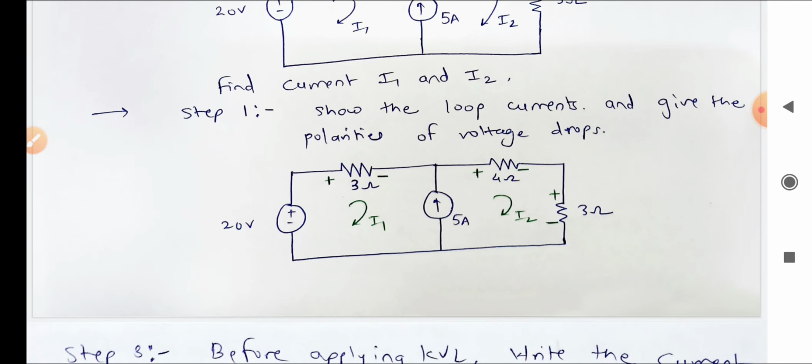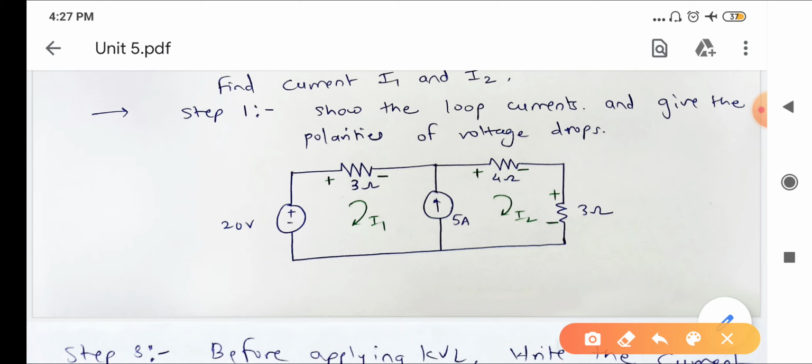Here the first loop current is flowing in the clockwise direction and the other is also in the clockwise direction, and according to that we are giving all the sign conventions. So for the 3 ohm, 4 ohm and again the 3 ohm we have given all the signs. This will be our second step.